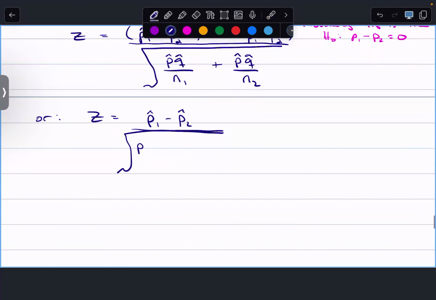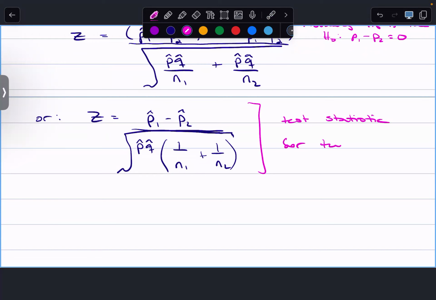But I like to pull it outside and then do 1 over n1 plus 1 over n2. So that's going to be your test statistic for 2 sample proportions.